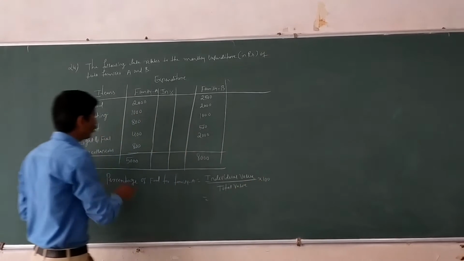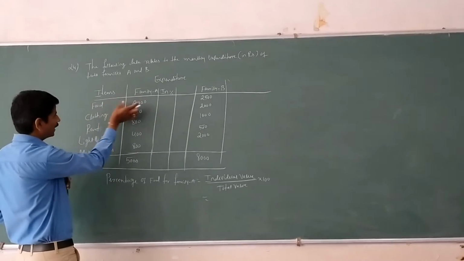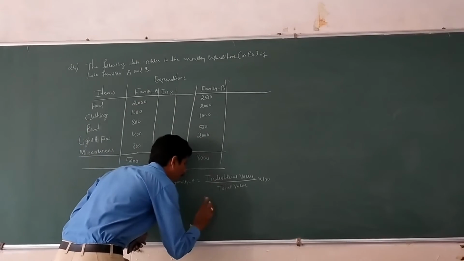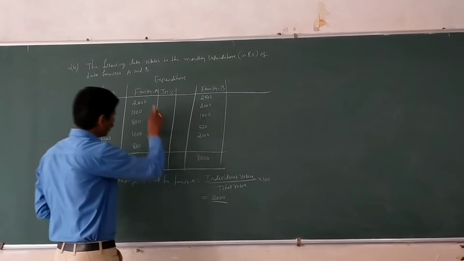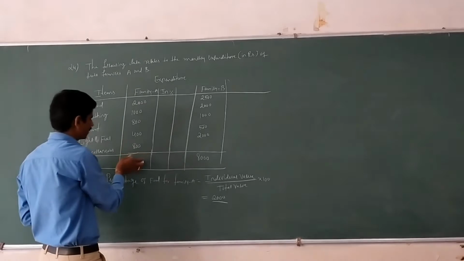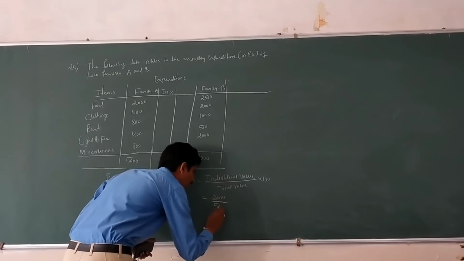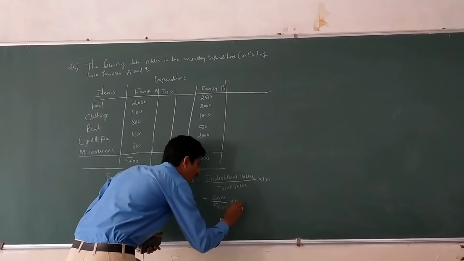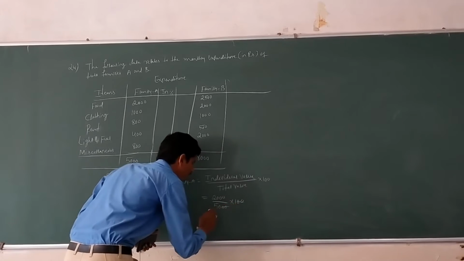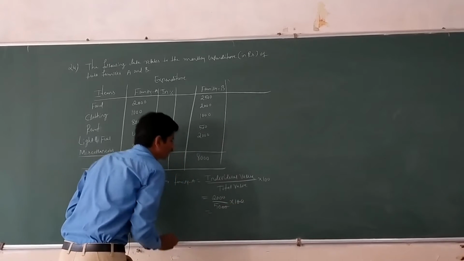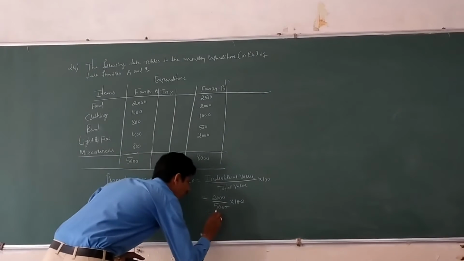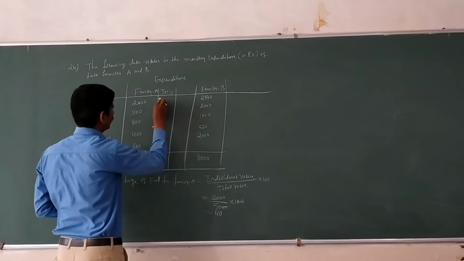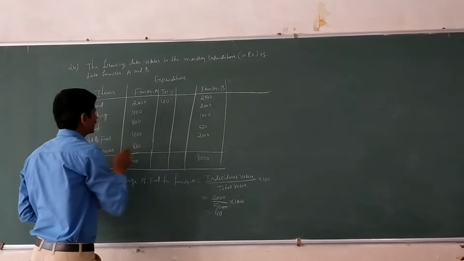Here the individual value is 2000, divided by the total value, the sum of family A expenditure, which is 5000, into 100. Here 2000 divided by 50 gives us 40.